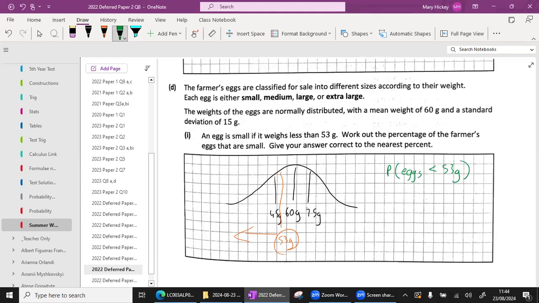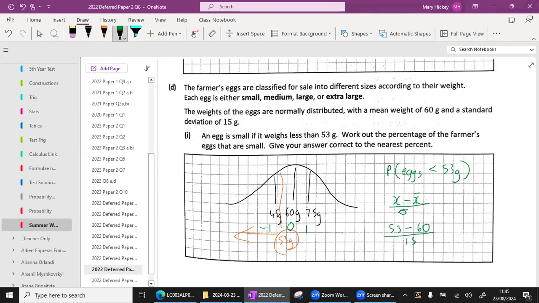So remember, from page 36 on, we have these Z scores, which are our standardized scores. If you remember, standardizing was where the mean is considered 0, and we have 1, 2, 3, and so on, and -1 the other way, and so on. So the problem here is that when we use our formula, x minus the mean all over the standard deviation, we're going to do 53 minus 60 all over the standard deviation, which is 15.